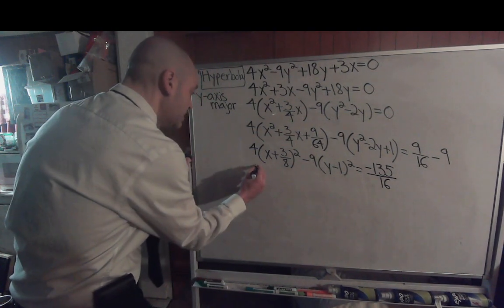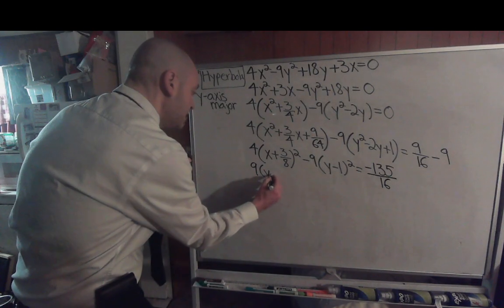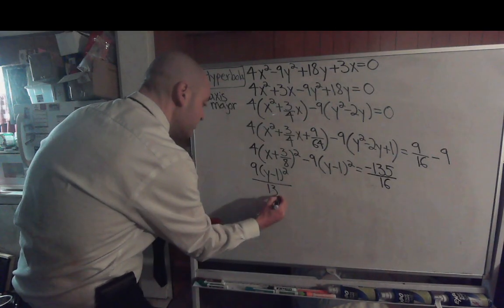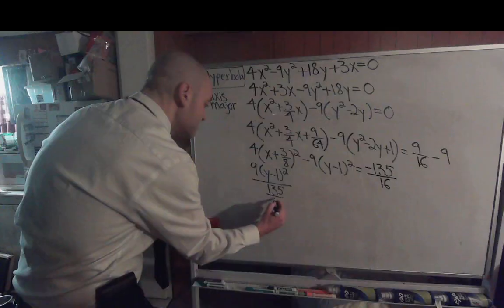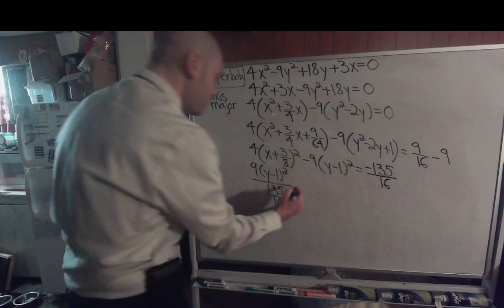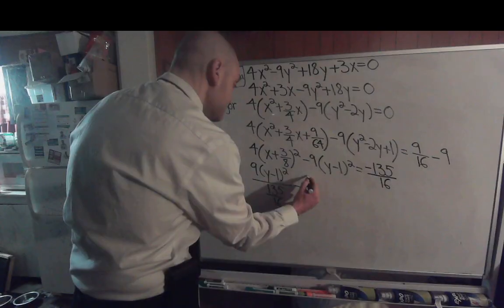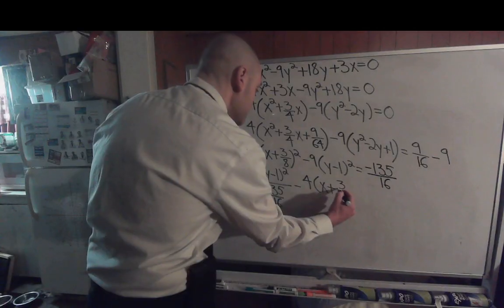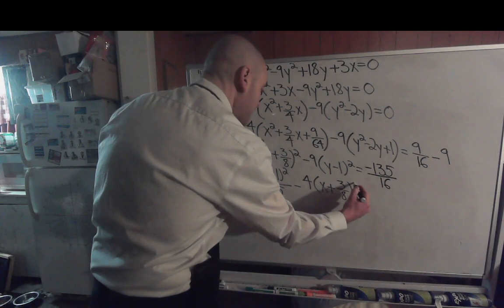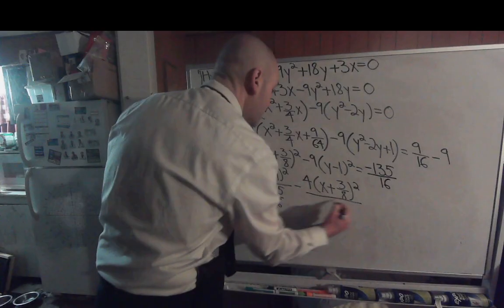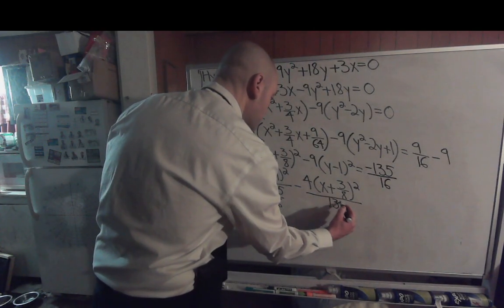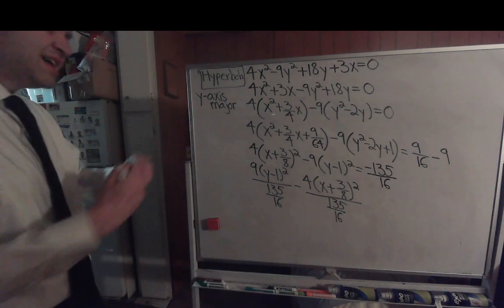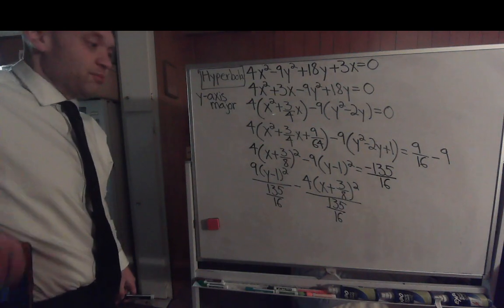This would end up being 9 times y minus 1 squared over 135/16 minus 4 times x plus 3/8 squared over 135/16. What a mess, right? So what started looking not too terrible became terrible really quickly.